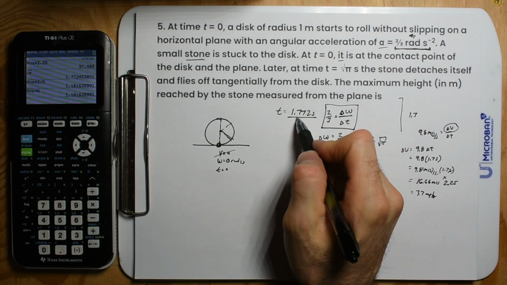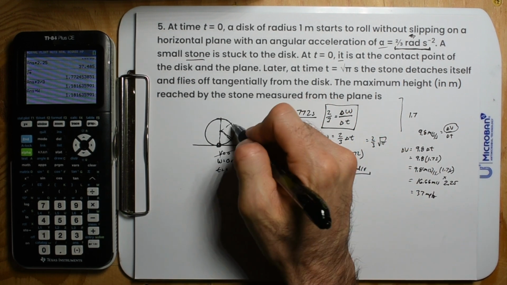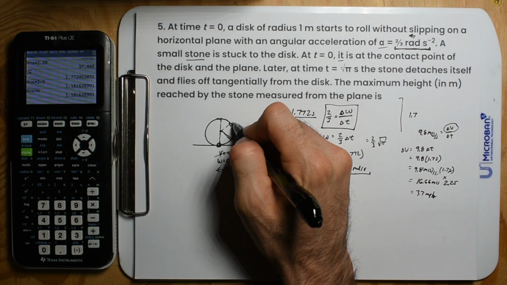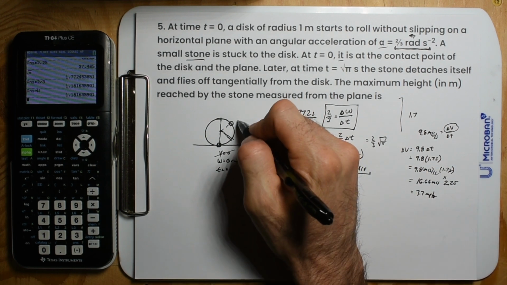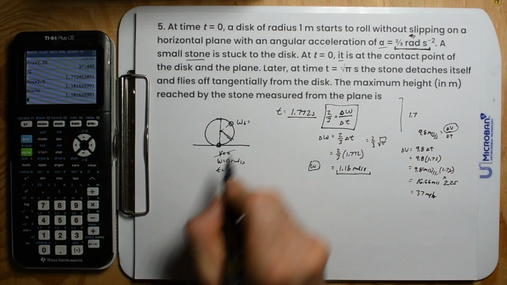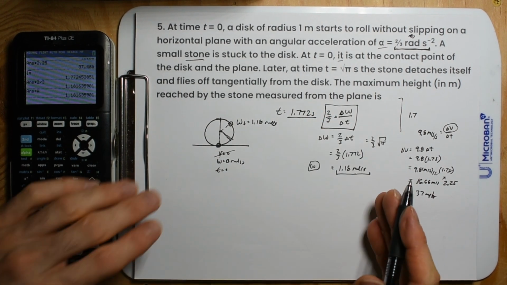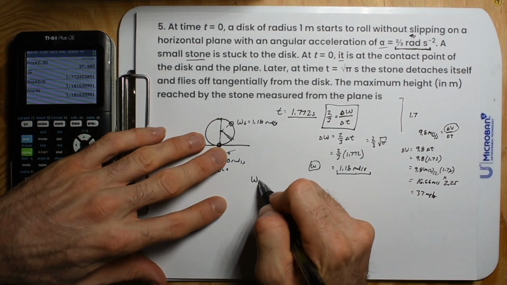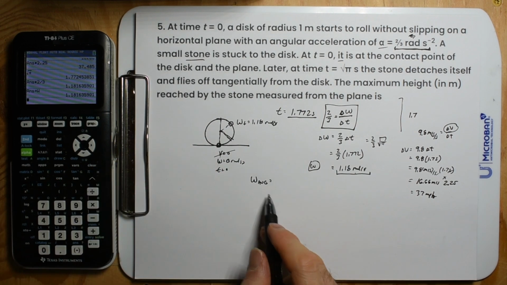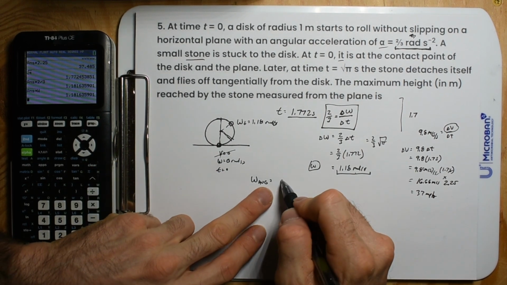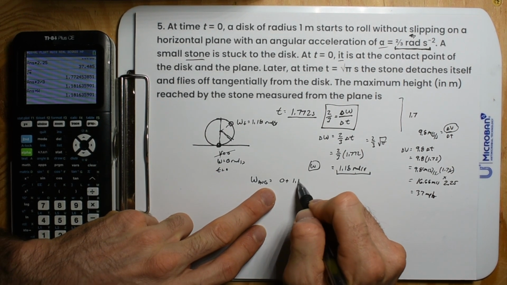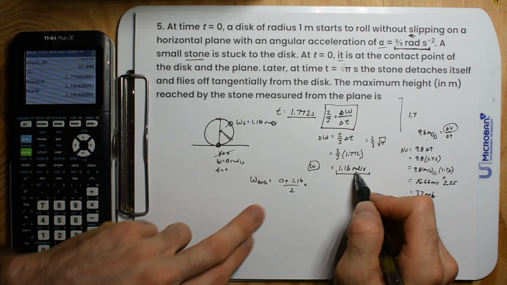And then at time 1.7 seconds, I'm just going to pick a spot, our velocity final is 1.18 radians per second. So now we definitely need that average speed, that average radians per second. That's going to be 0 plus 1.18 divided by 2.